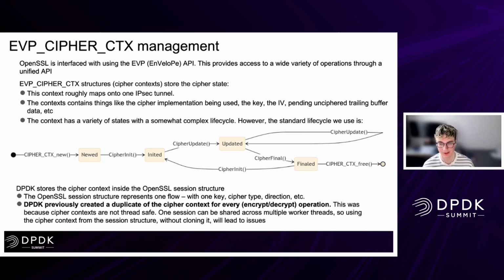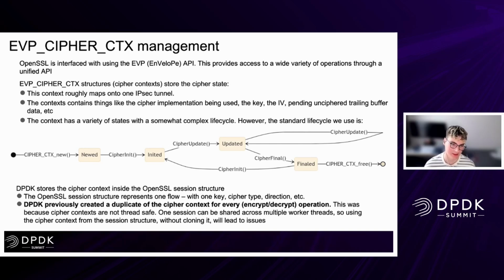Once you've provided all of your buffer, you can call cipher final, and at this point you will have the output that you expect. From here, you can either free the context, or you can reinitialize it. When you reinitialize it, you can provide slightly different information than the first time, so for example you could change the key or change the IV.